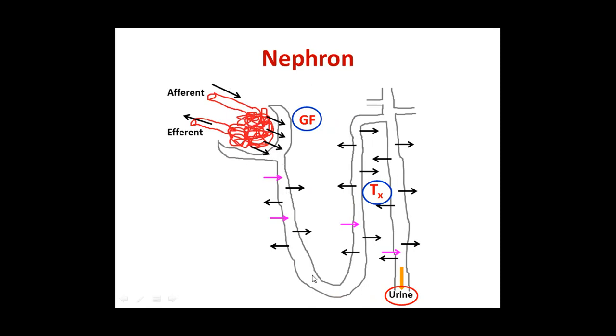Here is the proximal tubule, then the descending limb of the loop of Henle, ascending limb of the loop of Henle, connecting tubule and collecting tubule, where urine is ultimately formed. So filtration takes place here, and throughout the tubule the filtrate is processed, that means transport takes place, either addition, that means secretion, or removal, that means reabsorption, and finally the processed filtrate, that is urine, is formed.